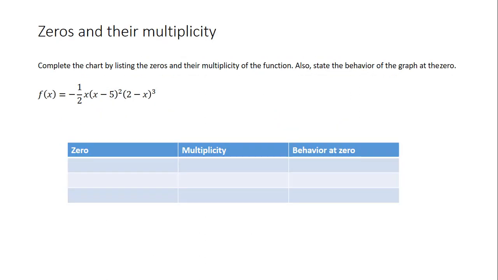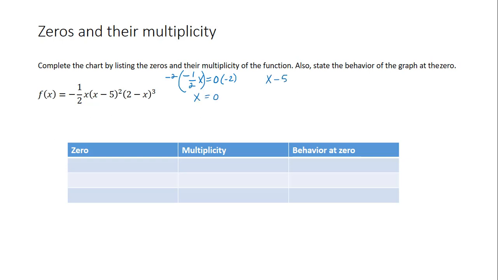Now we can find further information about this function by finding the zeros and their multiplicity. Because the polynomial is already in factored form, to find the zeros means that we would set each of those factors equal to 0. So we would have negative 1/2 x equals 0, which when we multiply by negative 2, we get x is equal to 0.